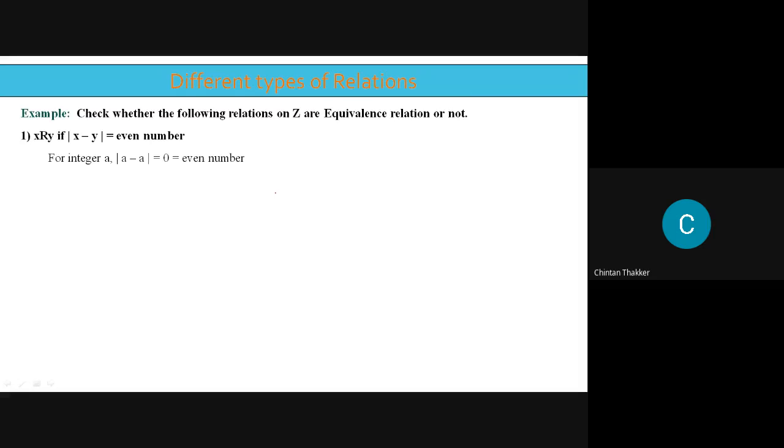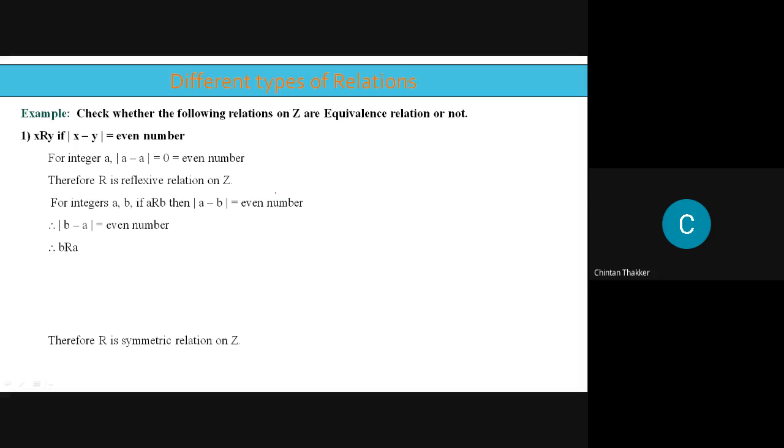So therefore it is an even number, so a is related to a, therefore R is reflexive. If we take two elements a, b, and if a is related to b, then a minus b is an even number. So that means modulus of b minus a is also an even number. So we have b is related to a, so R is a symmetric relation.